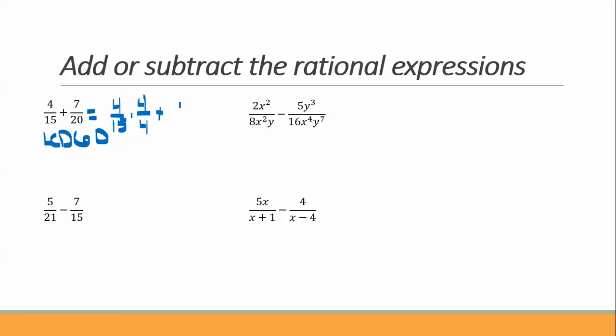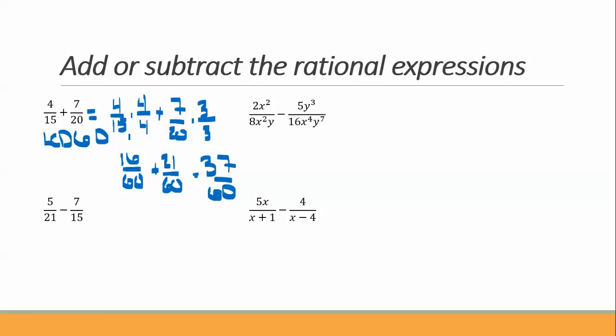And then we're adding 7 over 20. 20 times 3 is 60, so we need to multiply by 3 over 3. So here we have 16 over 60 plus 21 over 60 is 37 over 60.